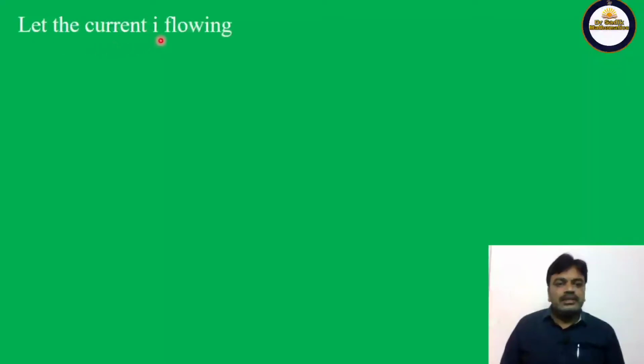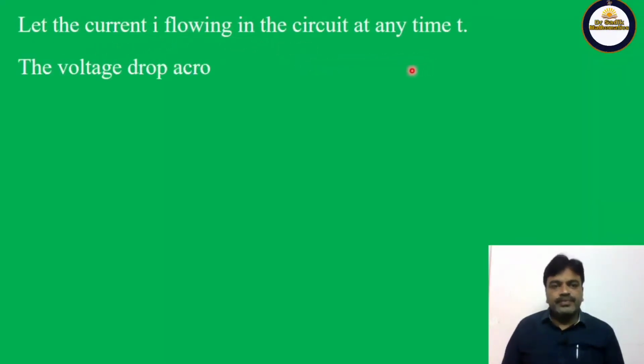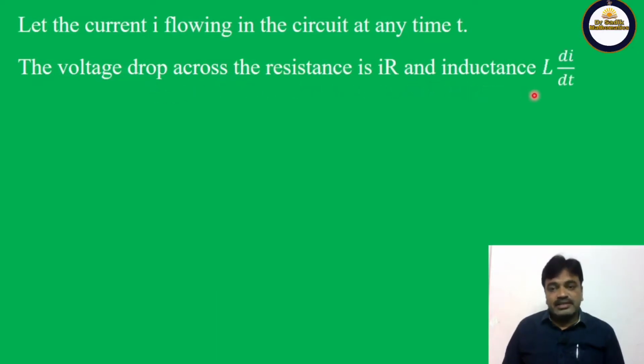Let the current I flow in the circuit at any time t. The voltage drop across the resistance is IR and across the inductance is L di/dt.